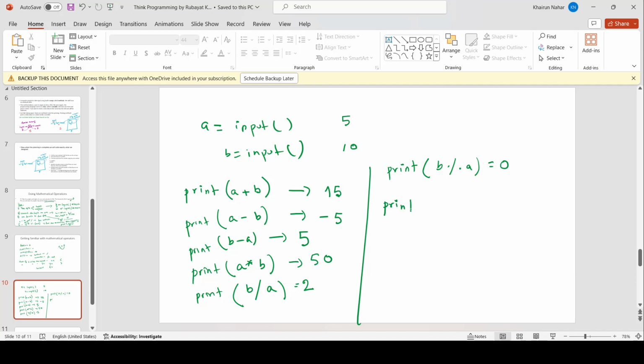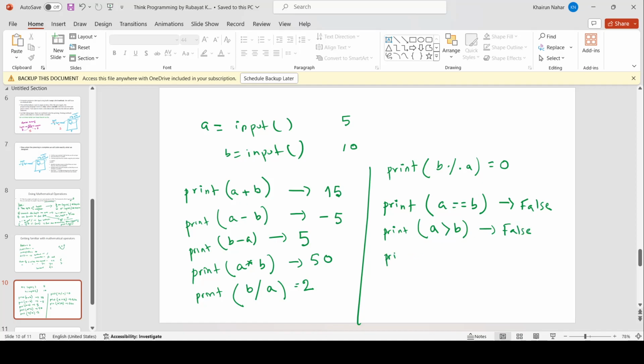Now, if I print a double equals b, the result I'll get is false because the values of a and b are not equal. If I print a greater than b, I'll still get false.